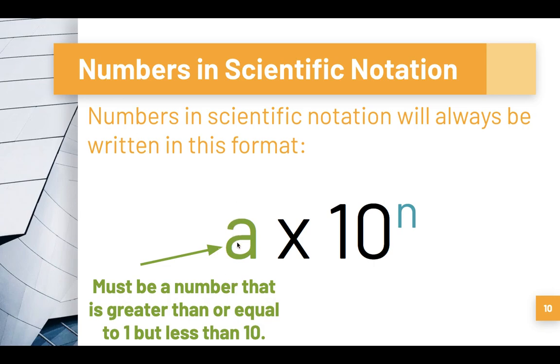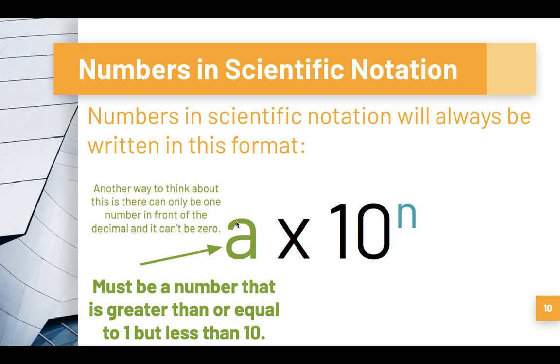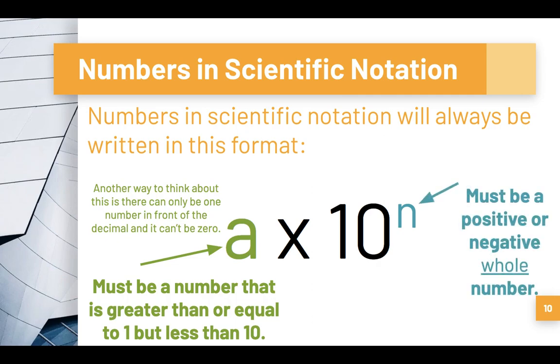So it has to be a single digit number in front. Another way to think about this is there can only be one number in front of the decimal, and it can't be 0. For our exponent, it must be a positive or negative whole number.